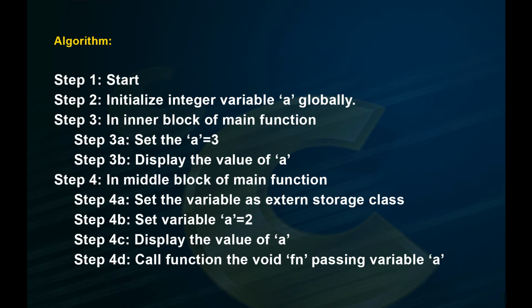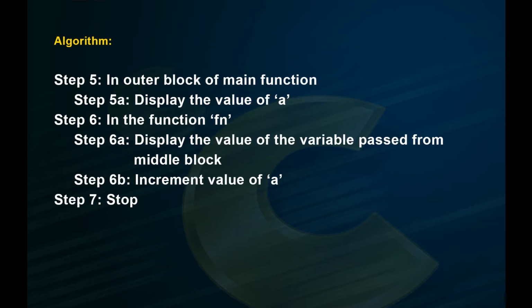Step 4, in middle block of main function. Step 4a, set the variable as extern storage class. Step 4b, set variable a equal to 2. Step 4c, display the value of a. And step 4d, call function void fn passing variable a. Step 5, in outer block of main function.